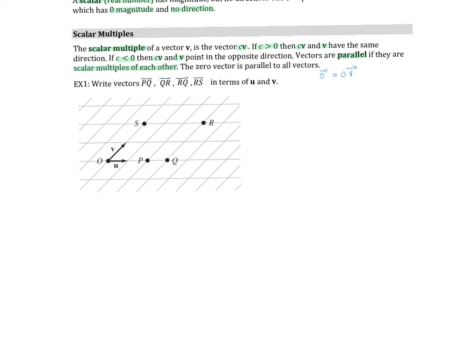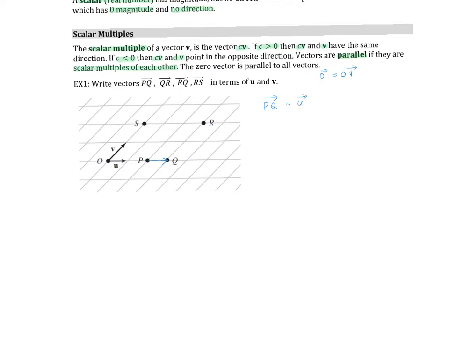Example 1, we want to write the vectors PQ, QR, RQ, and RS in terms of our vectors u and v. When I look at the vector PQ, I'm starting at P, that's my tail, and my head is Q. So I can see that PQ is going in the same direction as u, and it also has the same magnitude. So I can write PQ equal to the vector u.